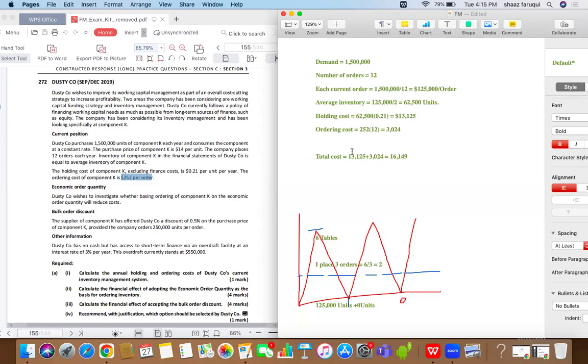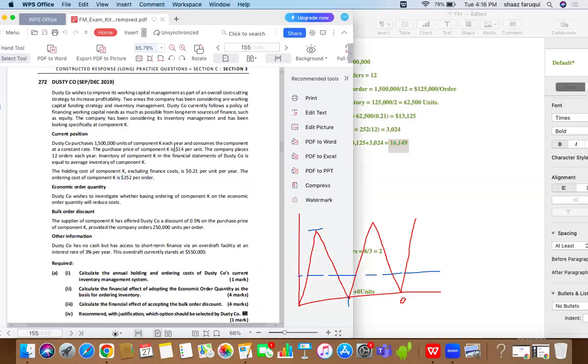Remember, when I say this is the total cost, this is the cost related to inventory management, that is holding and ordering. This does not include the cost of the inventory itself. Each unit costs $14. Here, I did not take that into consideration.